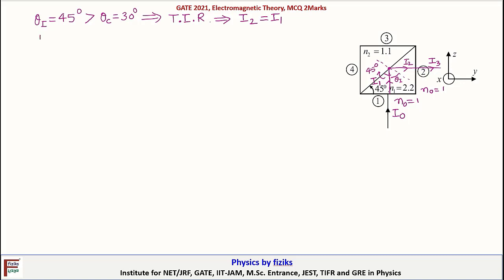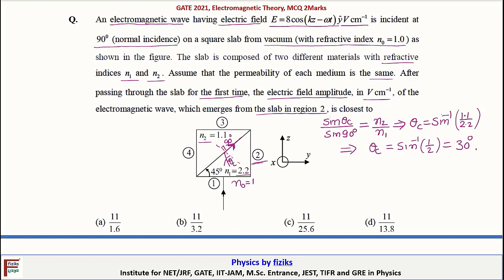And this I naught intensity is given by half C epsilon naught E naught square, where E naught is 8 volt per centimeter. So as you can see, this E is given, where this 8 is the E naught in volt per centimeter.